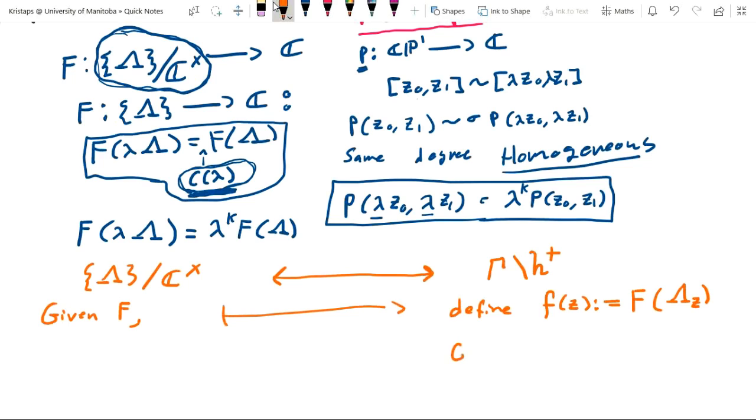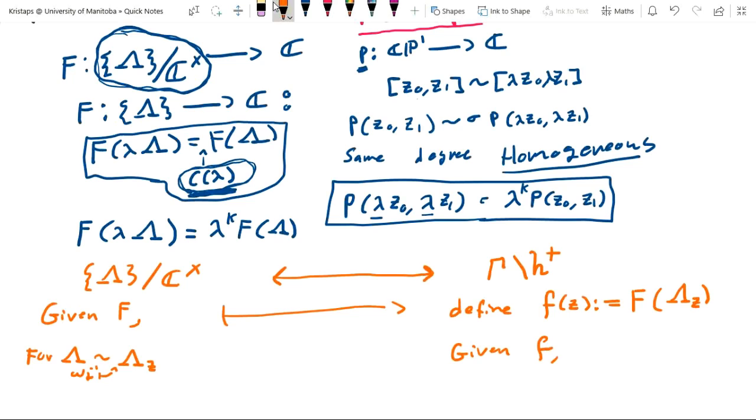Alternatively, if we're given some little f, which is a function on the complex upper half plane, then we know that for some lattice lambda, this is isogenous to lambda sub z for some particular z, right? We just take whatever the omega 2 vector is, and we multiply by its inverse to obtain lambda sub z.